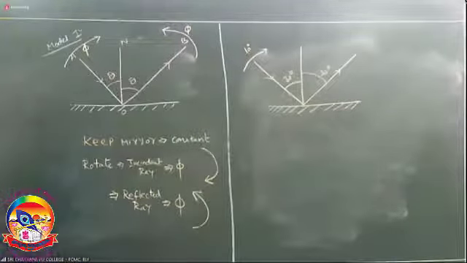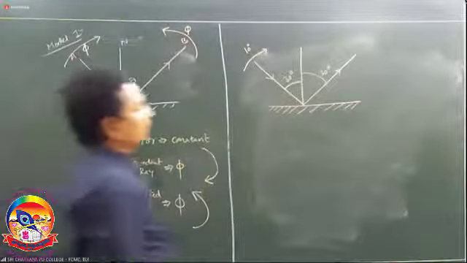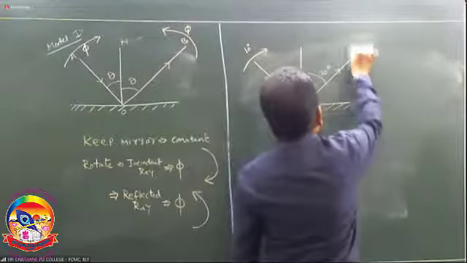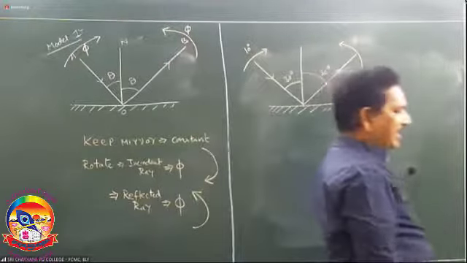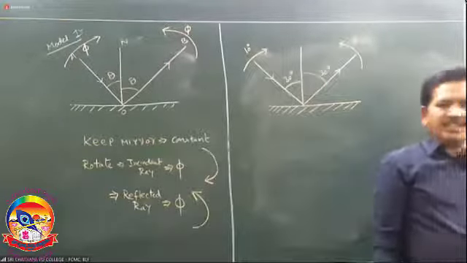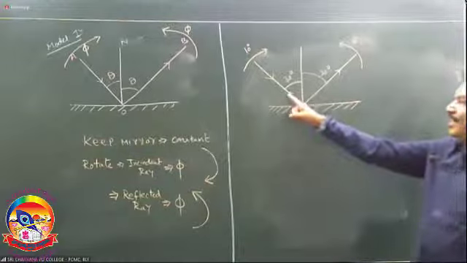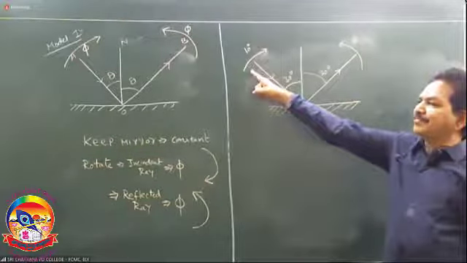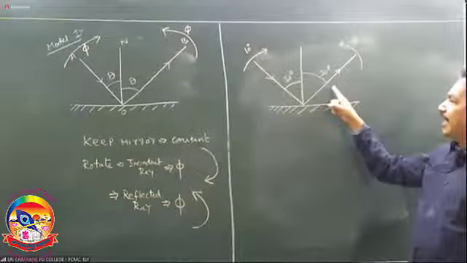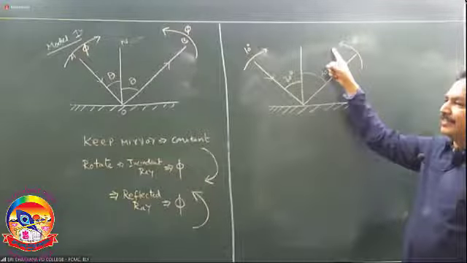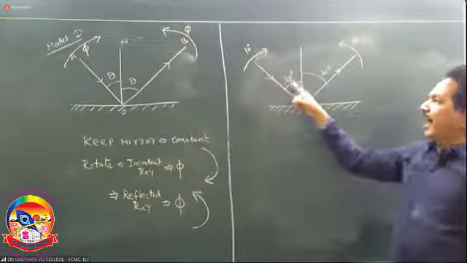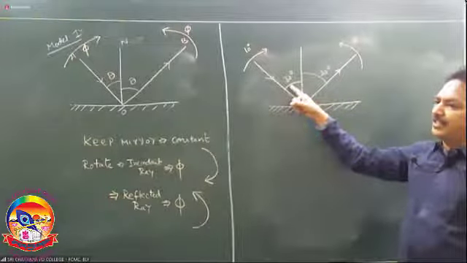So the reflected ray will be rotated by 10 degrees, but in the anti-clockwise direction. If the incident ray is rotated by 10 degrees, the angle of incidence becomes how much? 20.